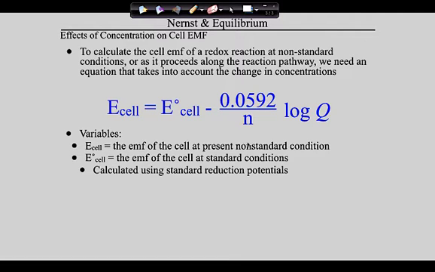Now guys, this 0.0592 is a bringing together of a bunch of different variables. It includes things about the universal gas constant, surprisingly enough, temperature, some other things. We're going to talk about that at the very end of the day today. Just remember, you can write down the number.